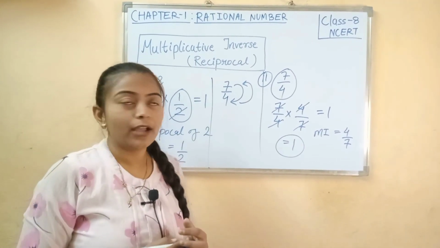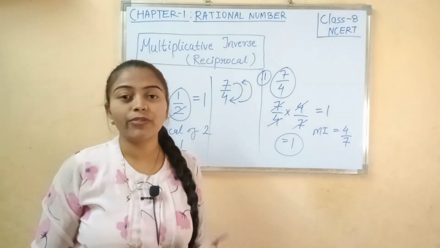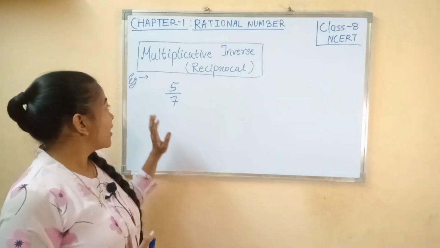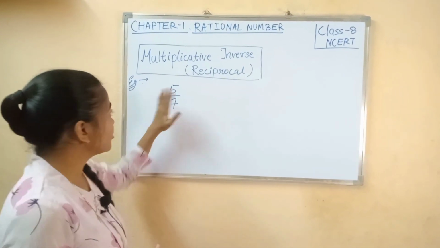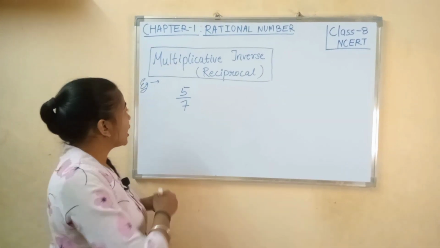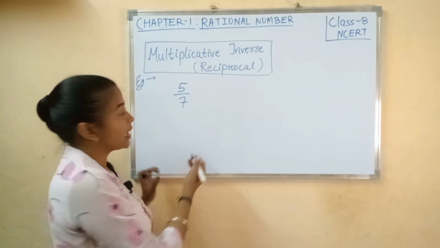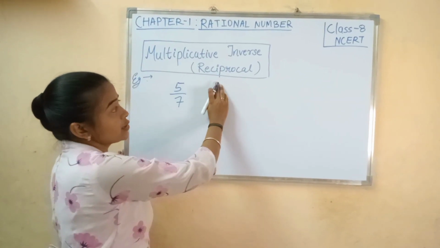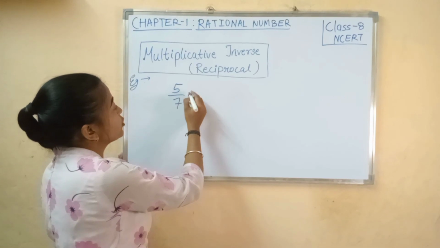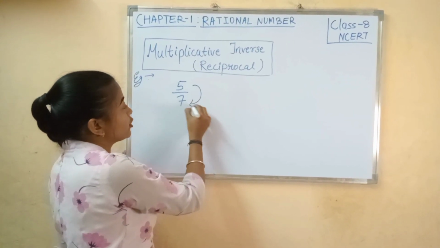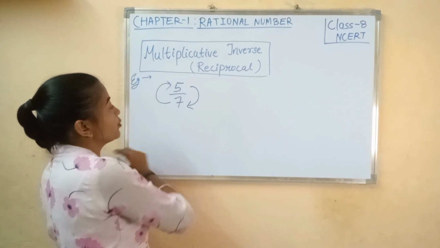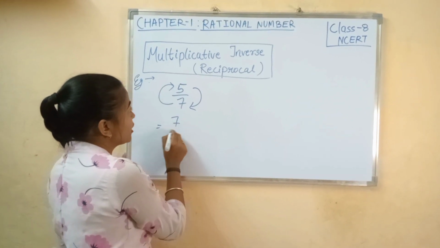Again I will explain with one more example. Now we have to find the reciprocal of 5/7. How will we find the reciprocal of 5/7? As we saw earlier, to find the reciprocal of any number, we interchange the numerator and the denominator. So it will be 7/5.